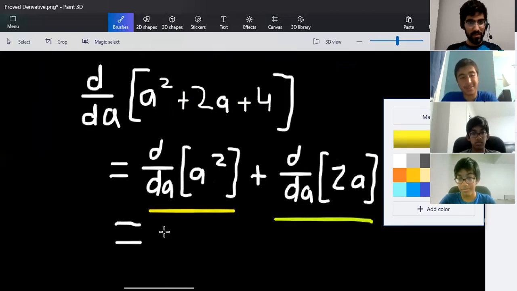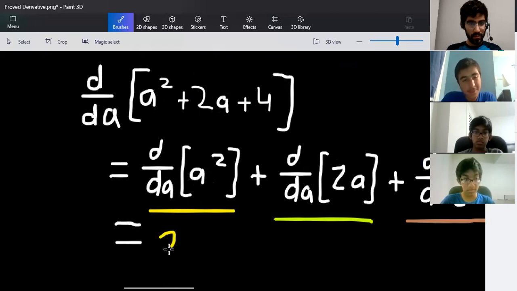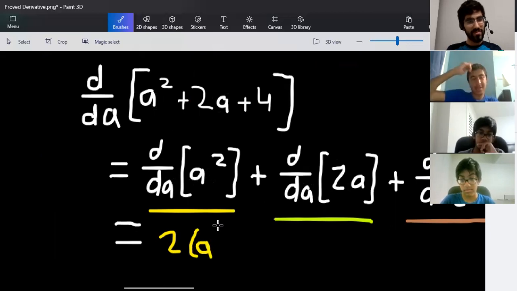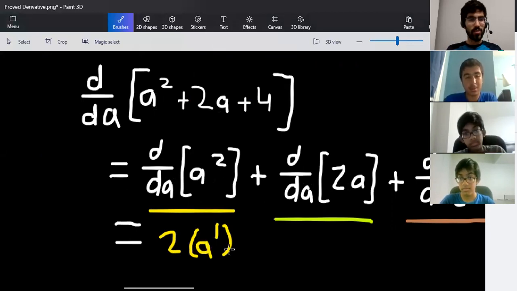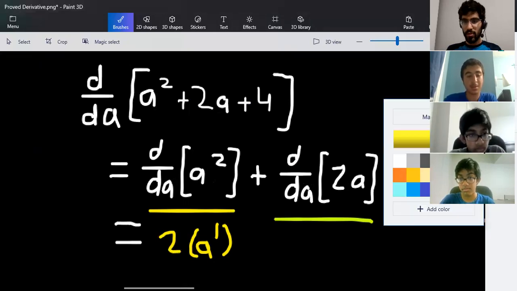First one, you would get 2, and then in brackets a, and then is it to the power of 1? You got it. So bring the exponent out front, then take whatever you have, multiply it, and just reduce the exponent by 1. Next one is this one.